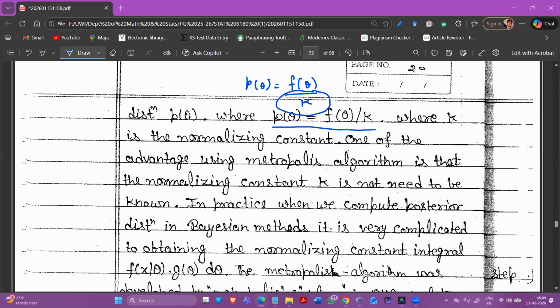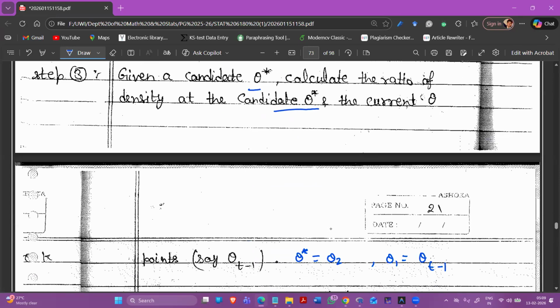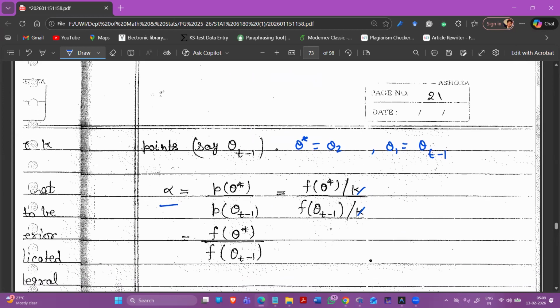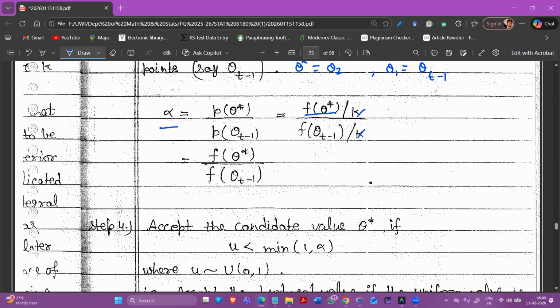That is not going to make any impact, because in the end, whatever values of theta you generate, you put in the density function, and that density is basically divided by k only. So k will cancel out. So that is basically f theta star divided by f theta t minus 1.